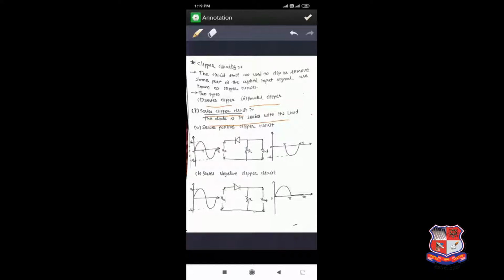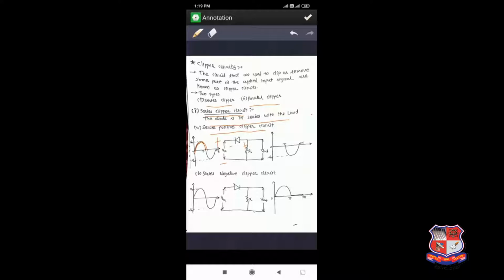First one is the series positive clipper circuit. When a positive cycle is applied, during this positive cycle this input terminal is plus and this input terminal is minus. So the diode is in reverse bias, because the positive terminal is connected with the cathode and minus is connected with the anode.